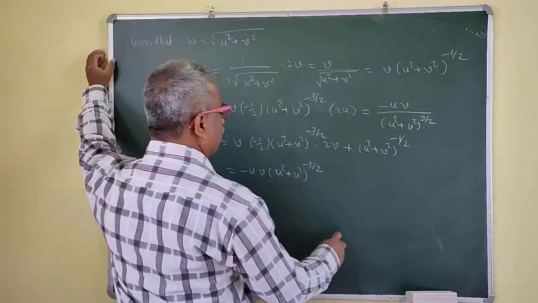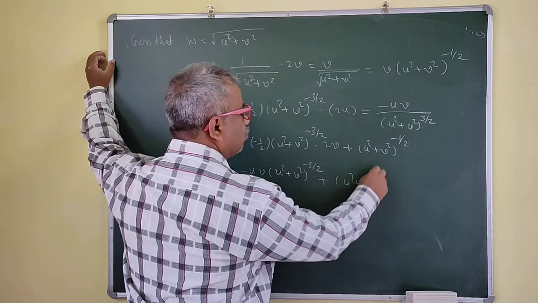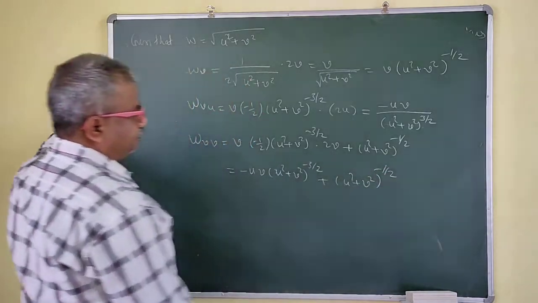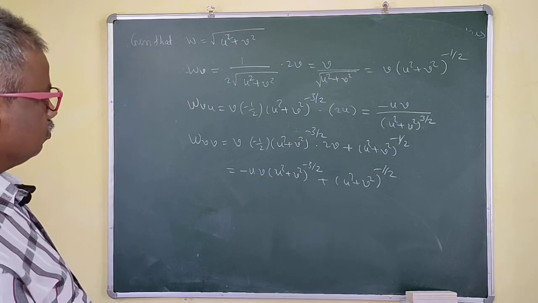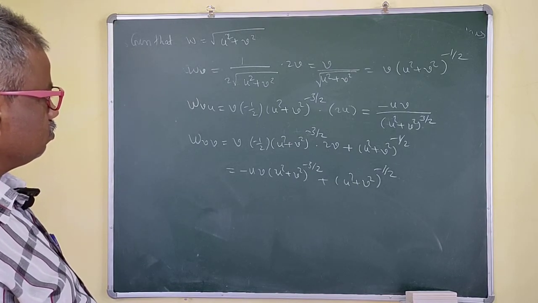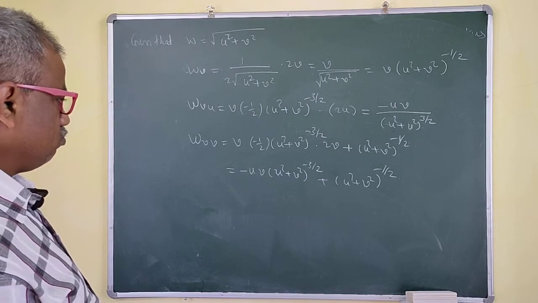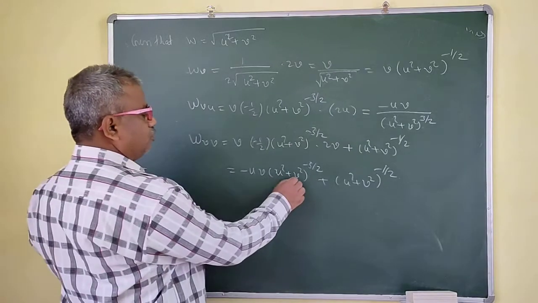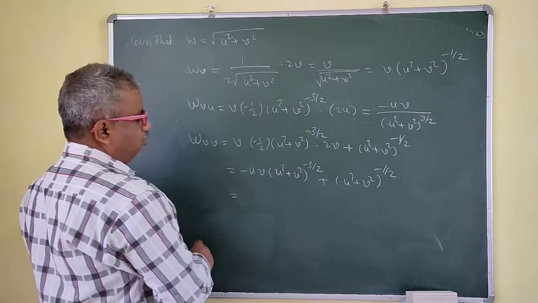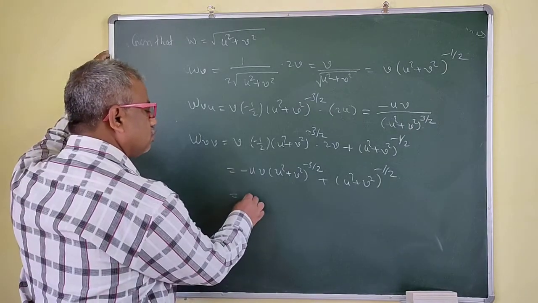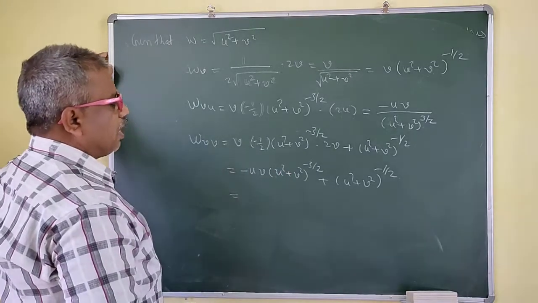So how can we write? Plus (u square plus v square) to the power minus half. So what will we do here? If you take the common, the minus half power you can take common.